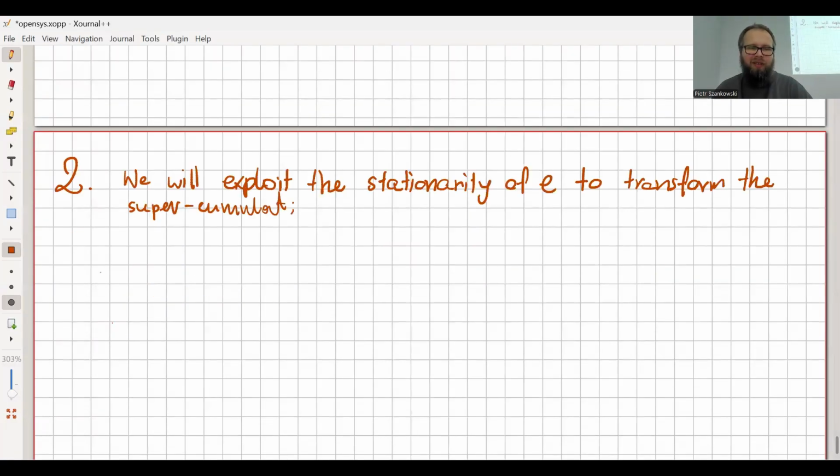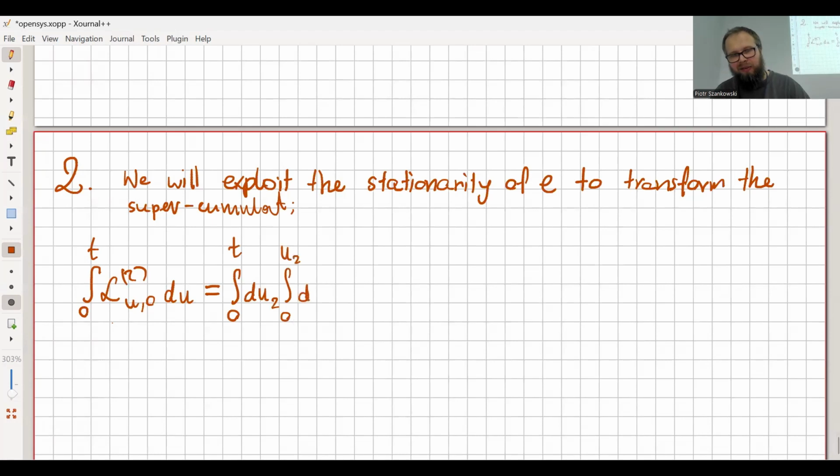So we have our supercumulant here, L2, du, which equals a double integral, du2 du1, and we have our contraction here, U2, Z, U1, contraction or cumulant.